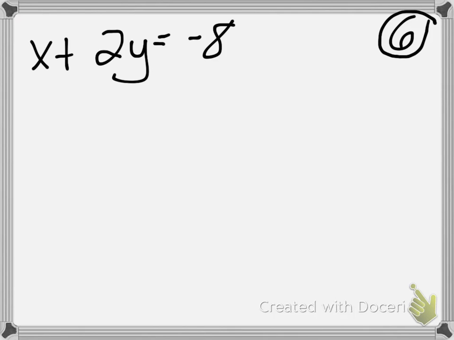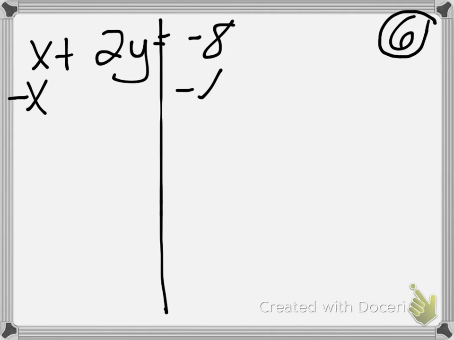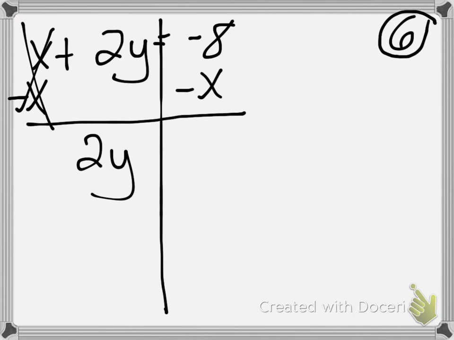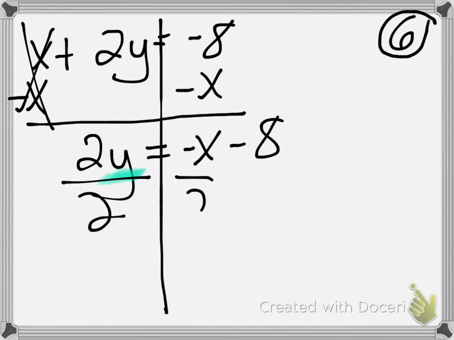Okay, this one should be pretty simple as well. I'm going to have to subtract x from both sides. And I've got 2y equals negative x minus 8. Now, I still have something next to y, and that's 2, so I'm going to divide everything by 2.